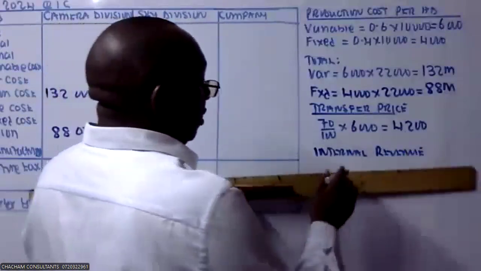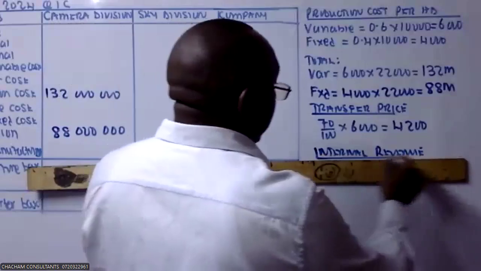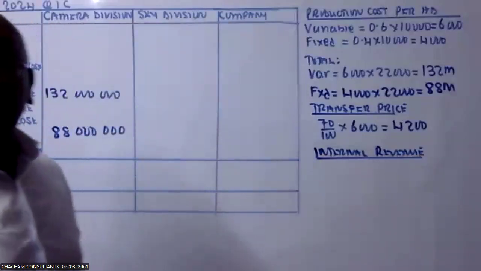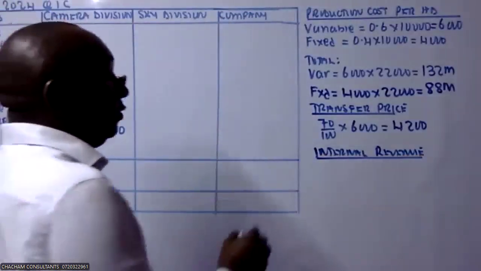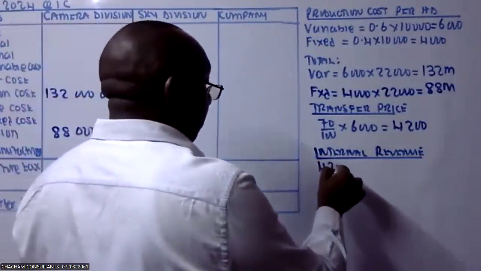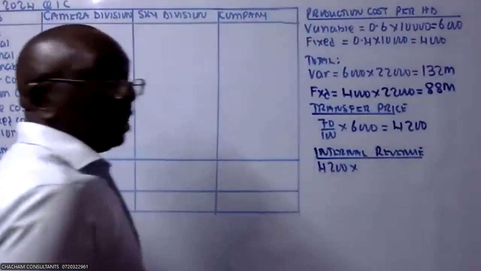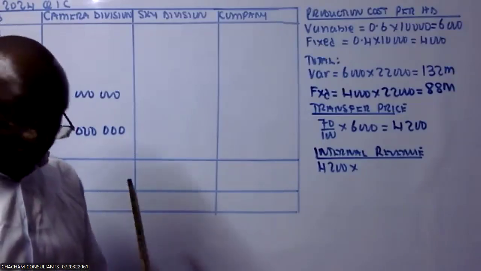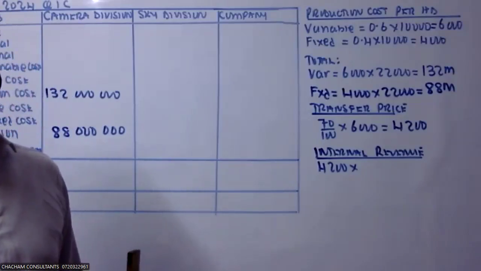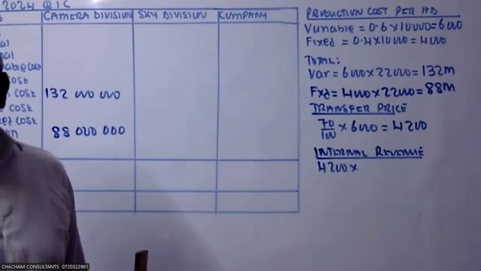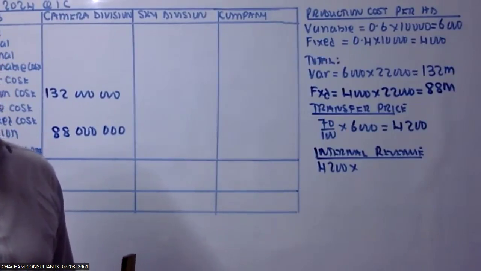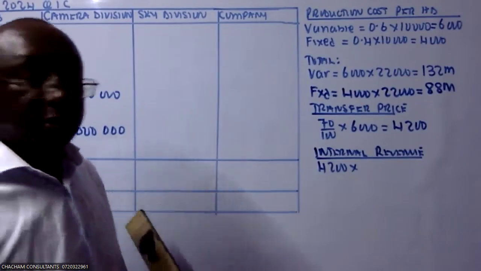The internal revenue that you will record there is this 4,200 times what we are transferring internally. According to this question, we are transferring 12,000.